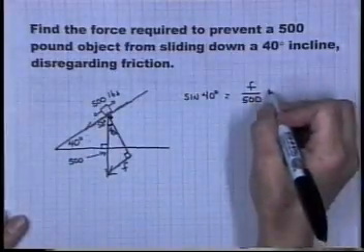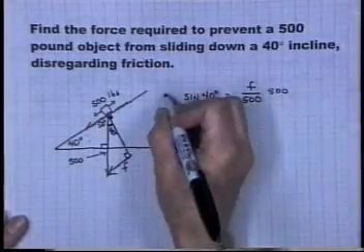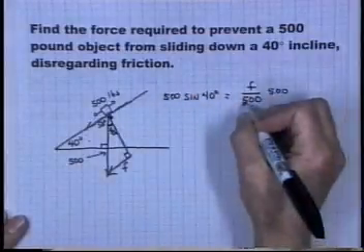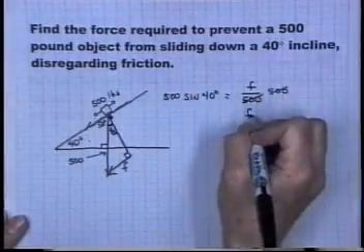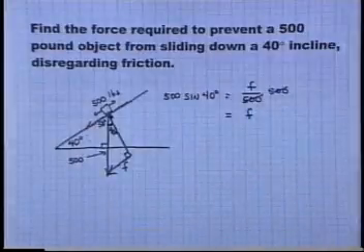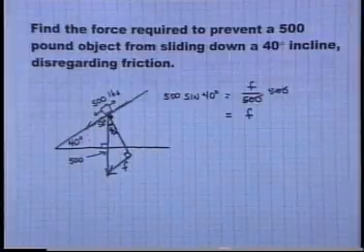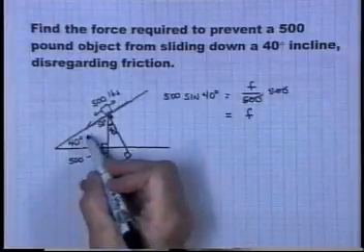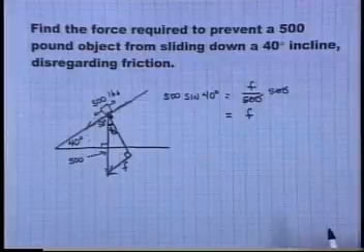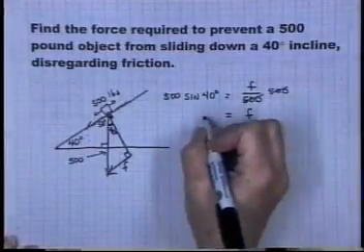So, as we've seen before, if I multiply both sides of this equation by 500 to cancel this out, I will have F. So, going to my calculator, 500 times the sine of 40 degrees, and again, since we're working with degrees here, we're going to keep two significant digits. So I'm going to round this off to 320.